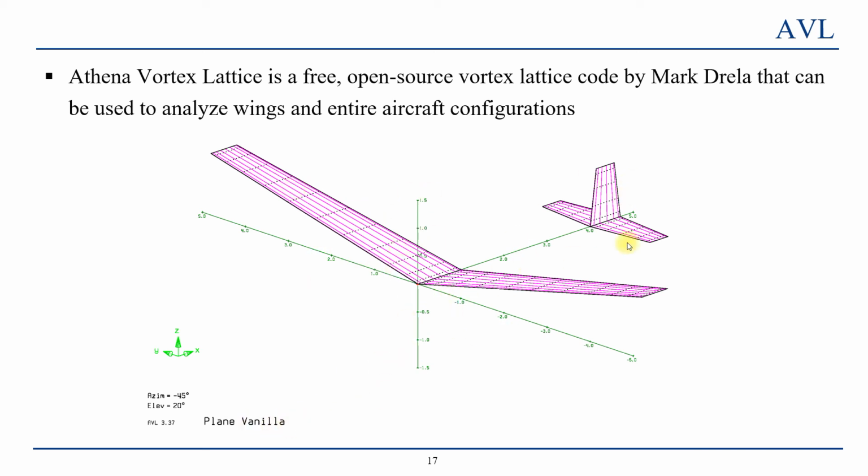So this is the Vanilla aircraft that is created and available as a sample file with the packages that we get for the AVL software, that we will get to next time when we discuss the basics of the software and the things that we need to use for the software.